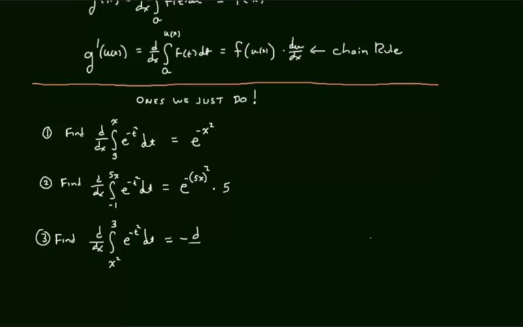So this is going to be negative derivative with respect to x, flipping the integral, 3 to x squared, e to the negative t squared dt. So we have a negative out front, then e to the negative x squared gets replaced for t. Then we need the chain rule, so times 2x. You see, this 2x was the derivative of this bound, which was a function of x.